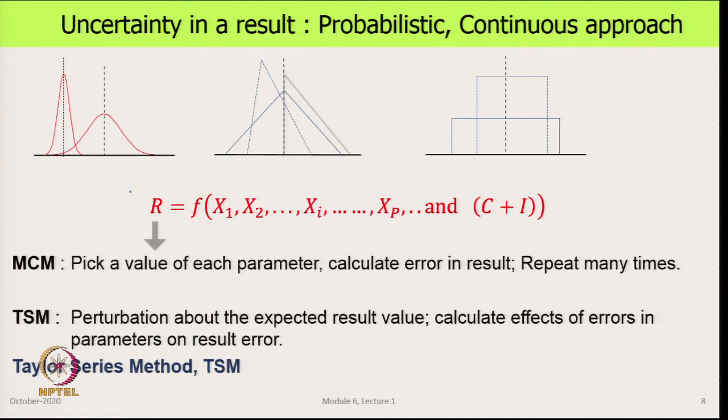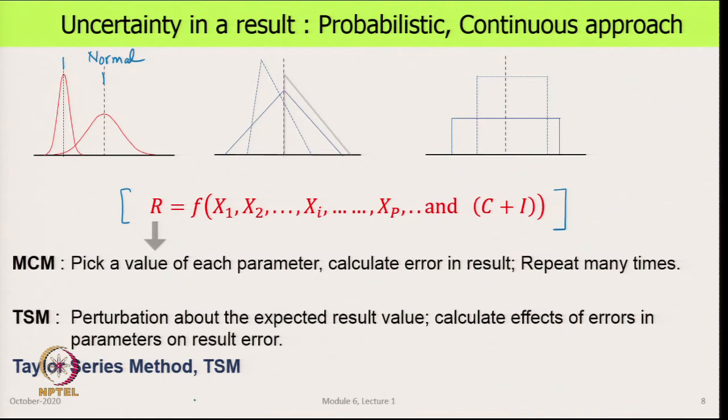We have the result relation over here, and here some probability distribution functions have been shown. This is the normal or the Gaussian distribution function. So, there is a mean value across which the distribution is symmetric, and it could have different shapes.